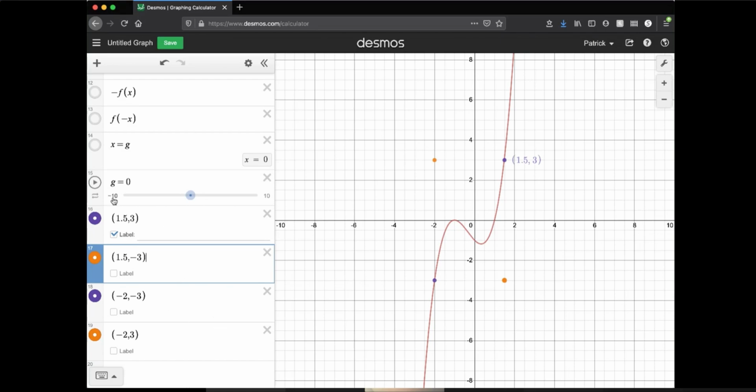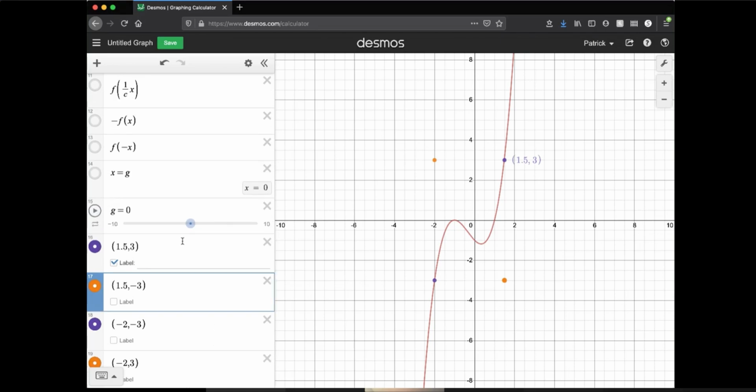And as was pointed out, that flipped or reflected our graph over the x-axis. So you don't need to plot those points. I was just using that as a means to demonstrate what happens when you have a negative in front. So again, the y direction got affected.